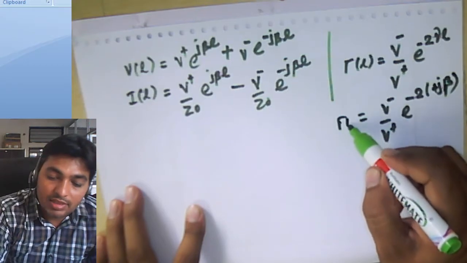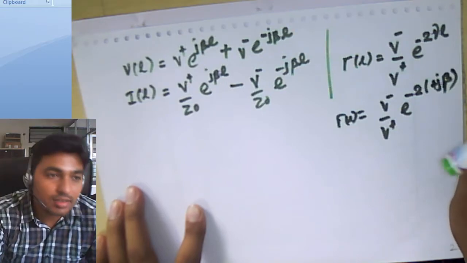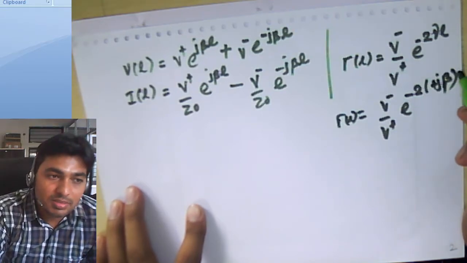So this is the reflection coefficient for the lossless transmission line, and this is the voltage and current relation for the lossless transmission line.